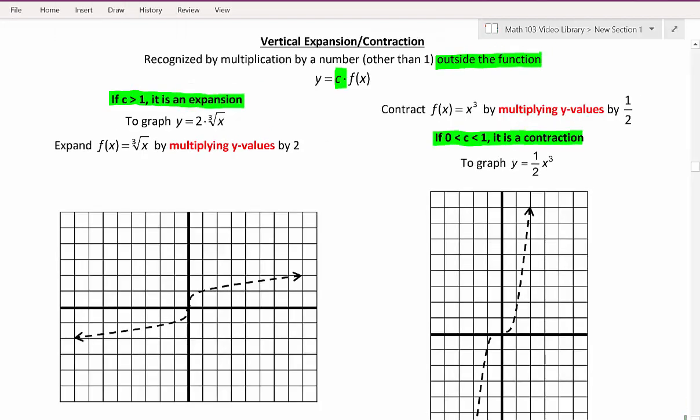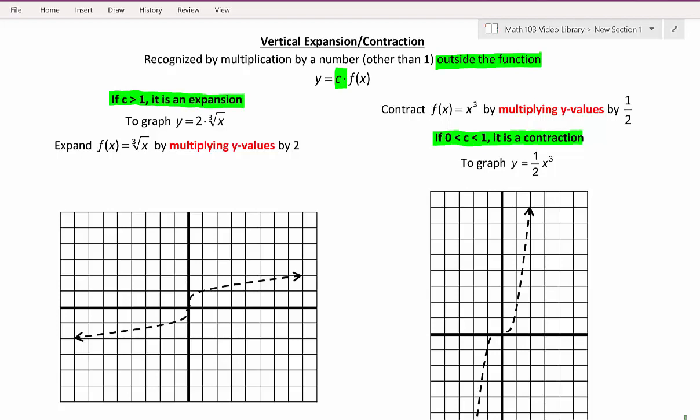When the transformation is occurring outside the function, it behaves as we would expect. So when your C value is greater than 1, the graph is going to get taller, and when the C value is between 0 and 1, the graph is going to get shorter. The reason it does what we expect it to do is because we will be multiplying y values by whatever that number is out in front.